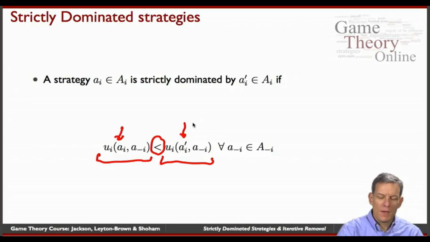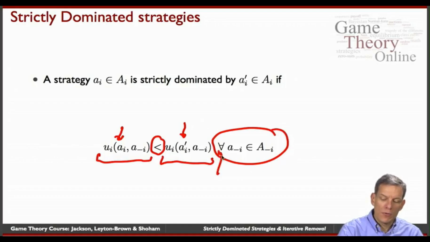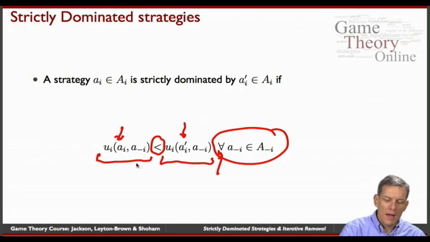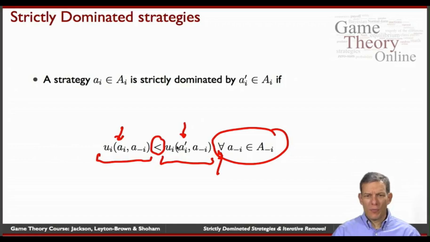So this is a for-all sign, for every possible strategy of the other players. No matter what they do, a_i is worse than a'_i. So there's no circumstance in which it can do as well. It always does strictly worse. That means you're strictly better off playing a'_i. That's the concept of strict domination.